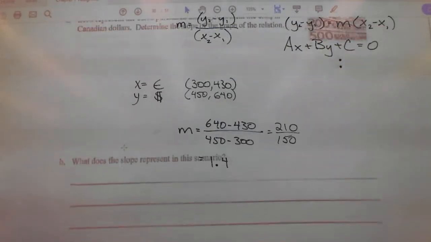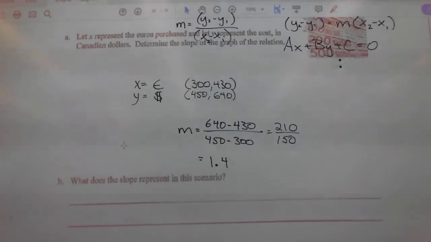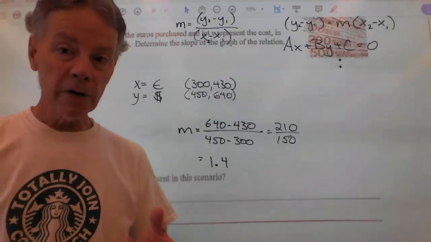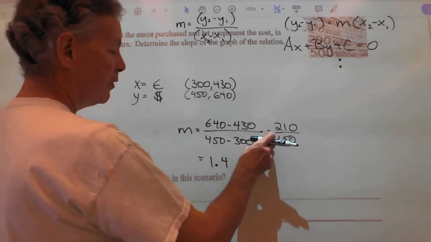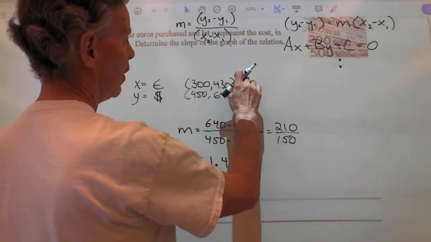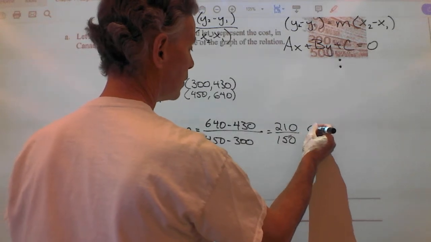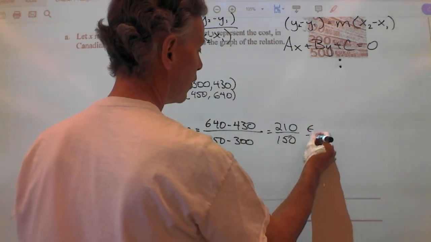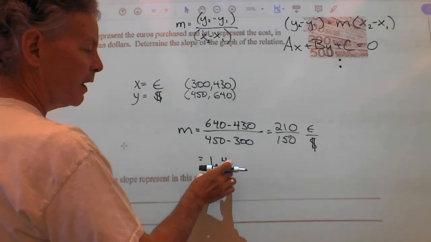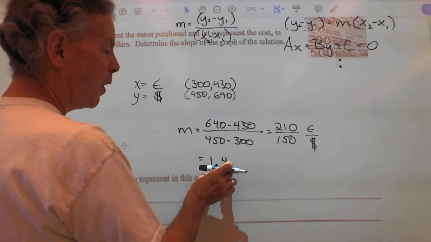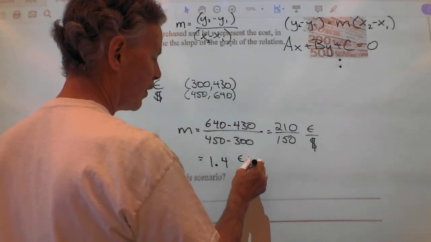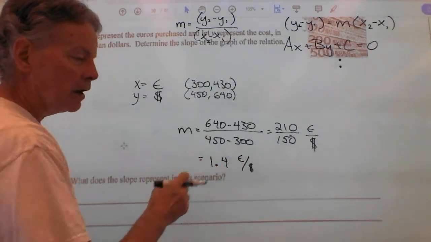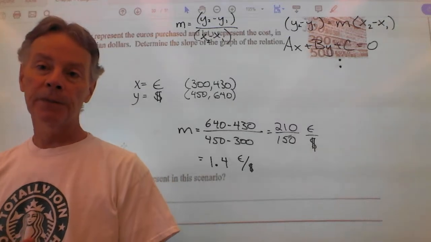Continuing along, what does the slope represent in this scenario? Remember, in order to figure that out, you have to look at the units. So our units here are on top, euros, on the bottom, dollars. So what they're telling us is 1.4 euros for every dollar. They're actually telling us what the exchange rate is.